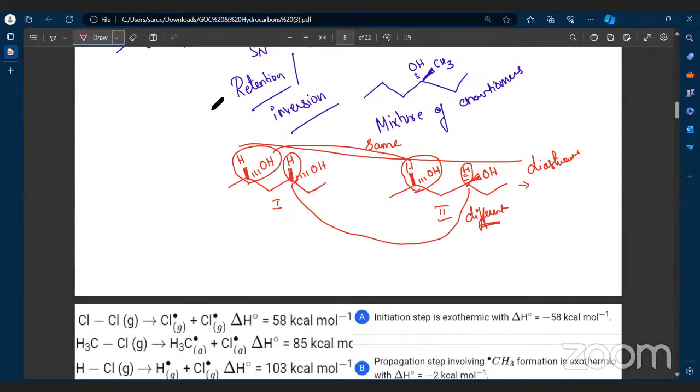Here I have hydrogen in a wedge bond, OH in a dash bond. Now tell me what type of isomer it is.